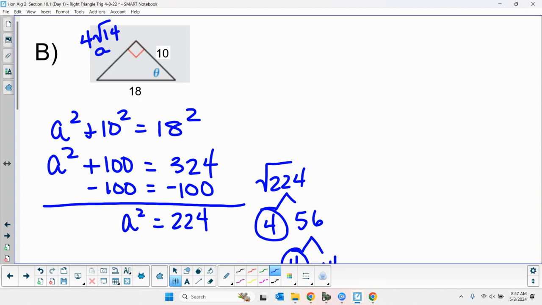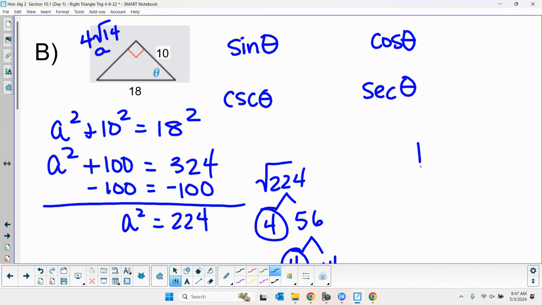So then we're just going to do all our stuff. Sine, cosecant, cosine, and secant, and tangent, and cotangent. Now, this is going to be a little more work because of the radical, and I'll show you why. All right, so here's theta. Sine is opposite over, let's do this first.